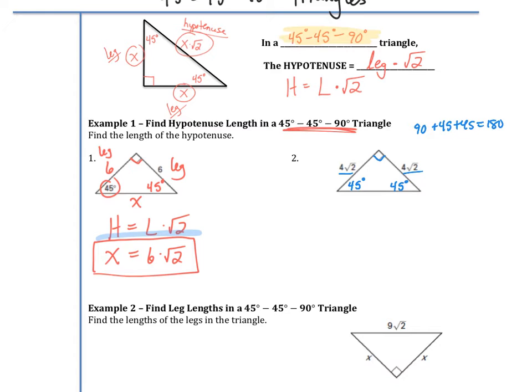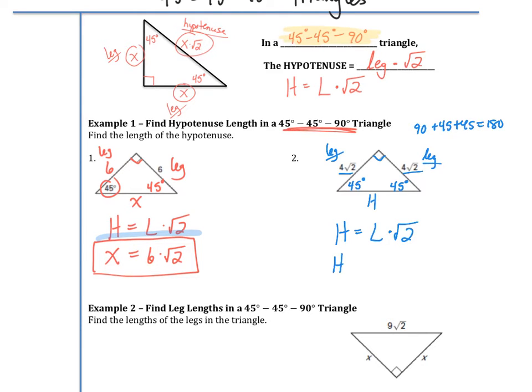So that's why they have to be 45, because they're the same and they got to add up to 180. So the legs are 4 square root 2. The hypotenuse, again, we will call x, because that's what we're looking for. Or this is h for the hypotenuse, we could say.